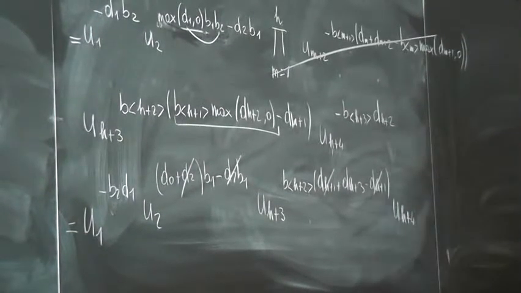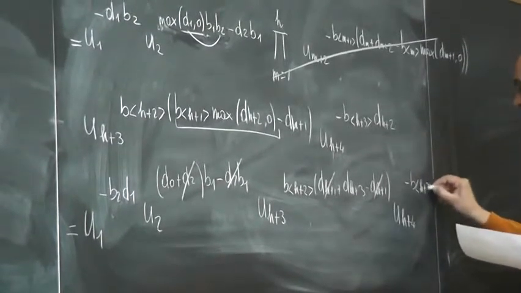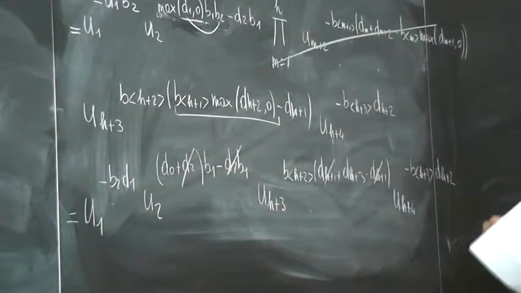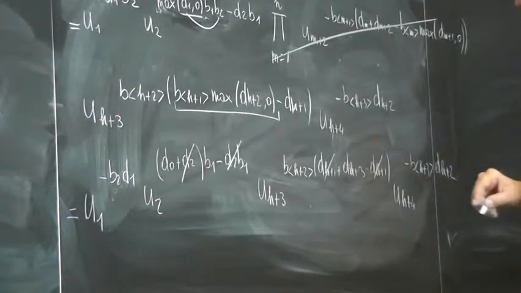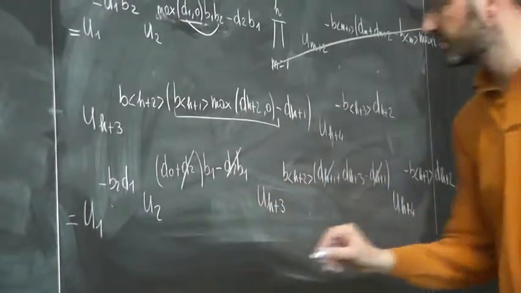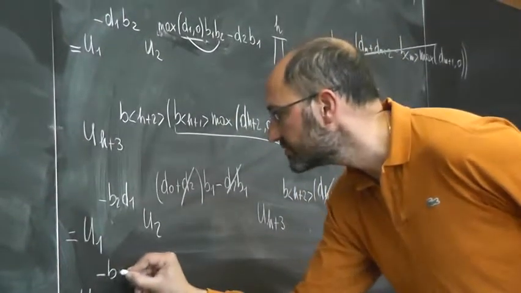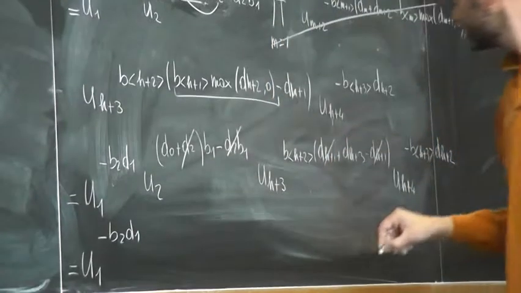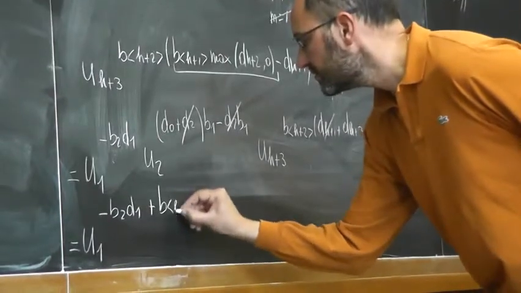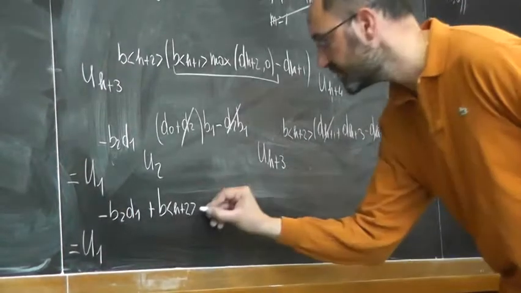Finally, UH plus 4 is minus BH plus 3 times BH plus 3. Okay, now use the periodicity of U, so that U1 is equal to UH plus 3. And we have U1 minus U2 D1 plus B H plus 2 times BH plus 3.